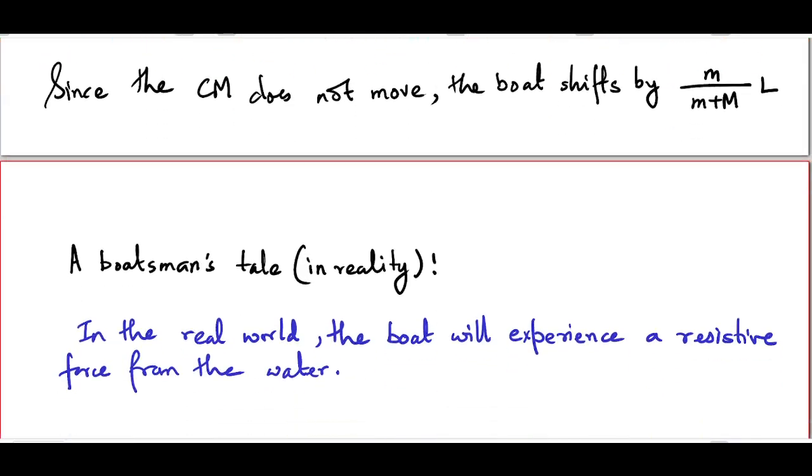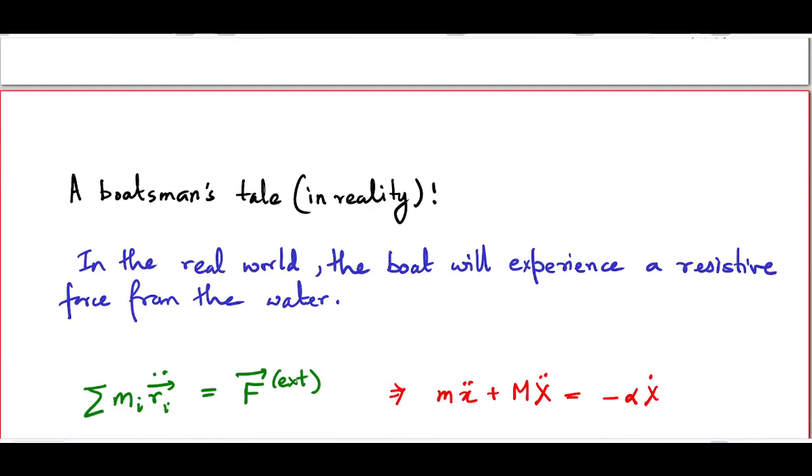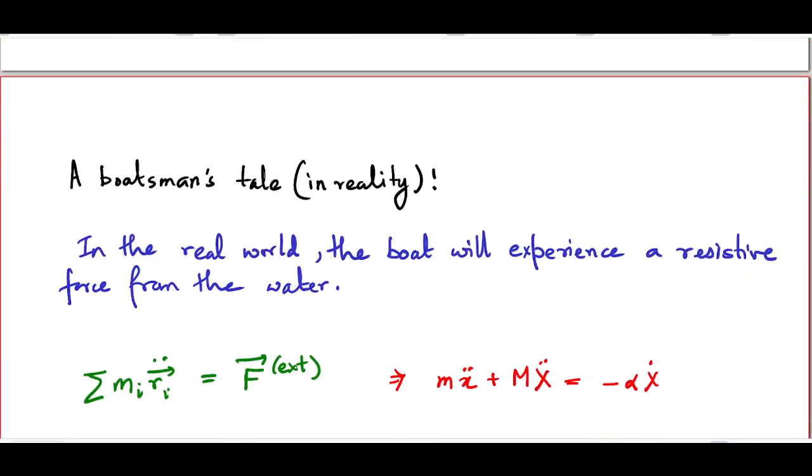So in the real world, you will have this resistive force, and so we will have to use our second law of motion in the form where the external force is taken into account. So sigma m_i r_i double dot is now the net external force, which is no longer 0.